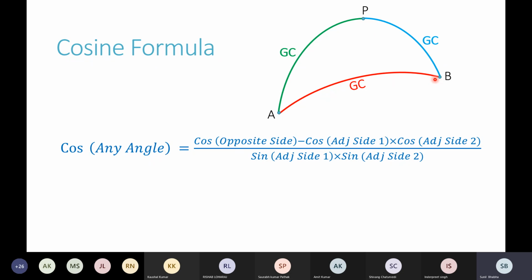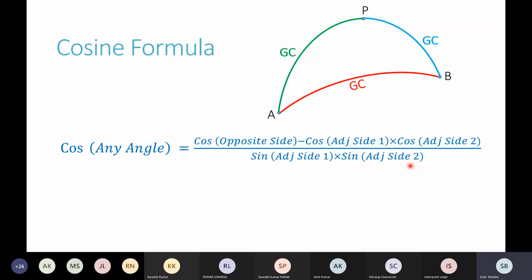You can see that in this formula, the cosine formula, on the left-hand side, we can have any angle. In our case, angle Papa, angle Alpha, or angle Bravo. And on the right-hand side, you see all the terms are related to the sides of the triangle. So you have opposite side, then adjacent side, again adjacent side, and adjacent side in the denominator.